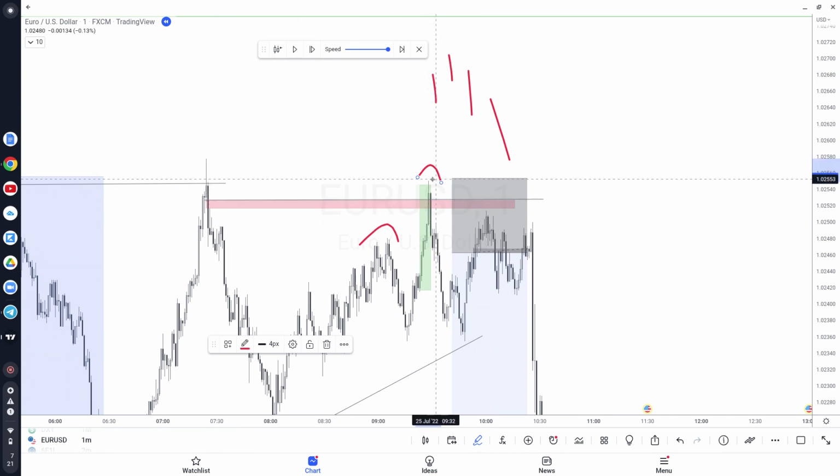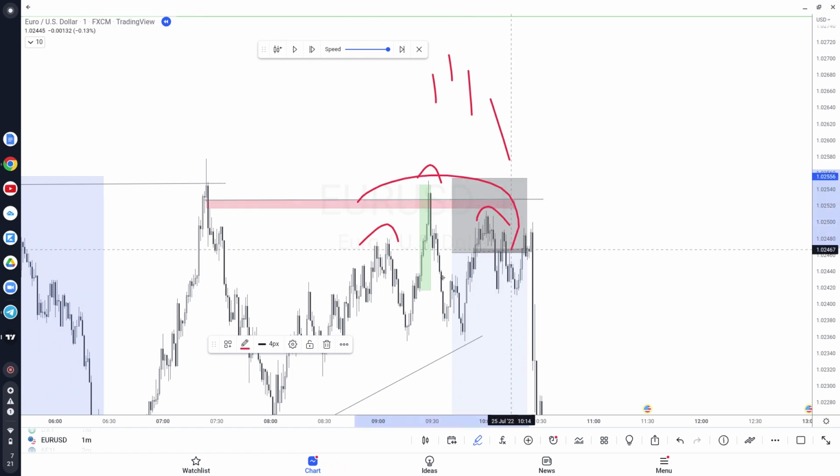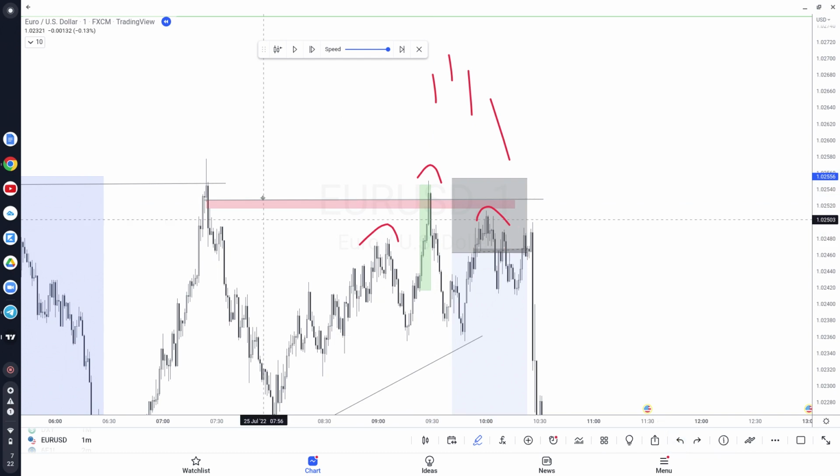So once we have the intermediate term high form, what we expect to the right of that intermediate term high is a short term high to form, right? Which comes by way of a failure swing. So once again, once we have an intermediate term high, which is defined by a high that completely balances an area or range, what we anticipate is for a failure swing to form, and that failure swing is our short-term high, which creates the overall institutional swing point, right?